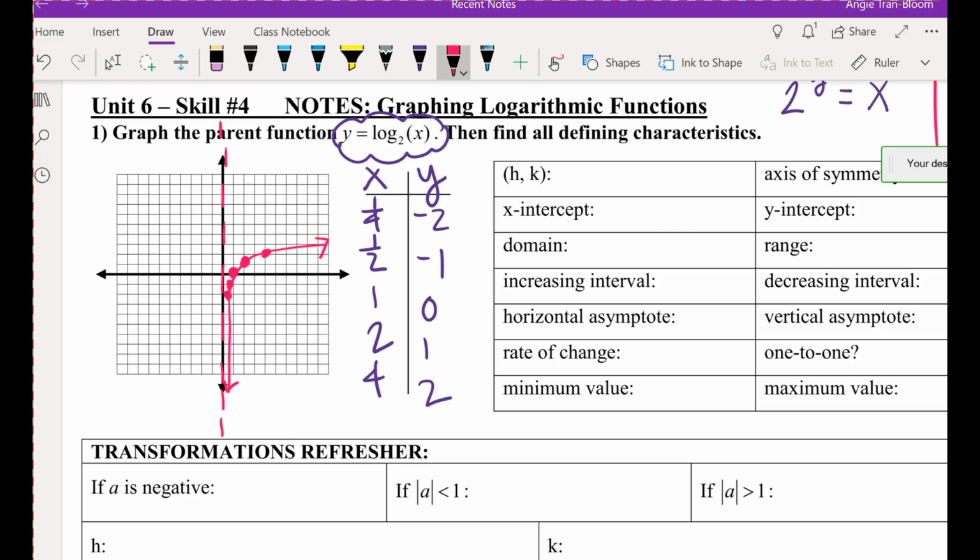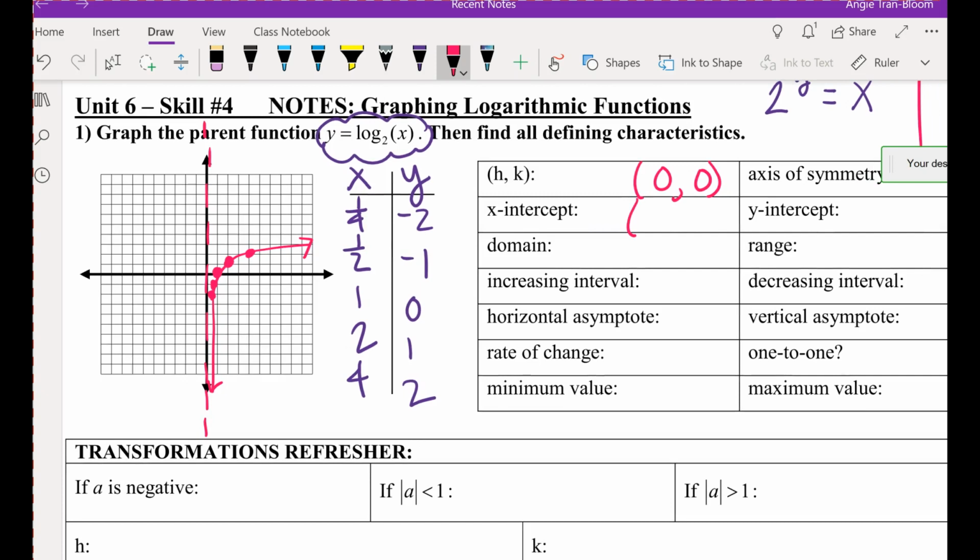Okay. Because this is the parent function, h and k will be 0 and 0. X-intercept, do we have any? Yes, 1, 0. What's the domain? All reals?